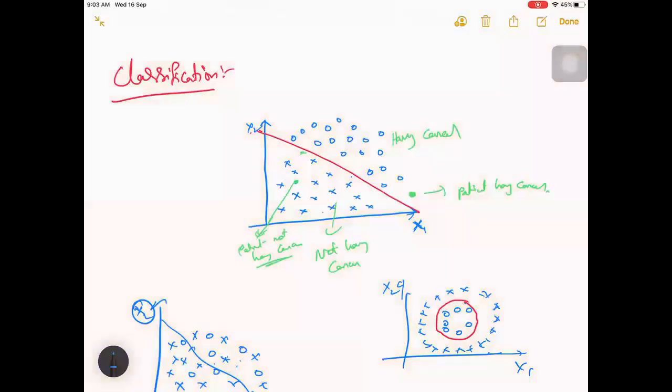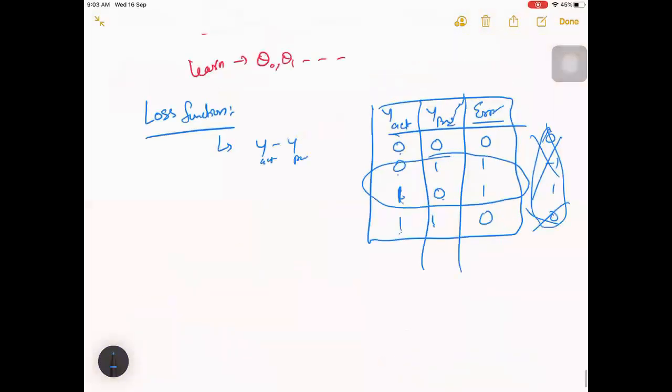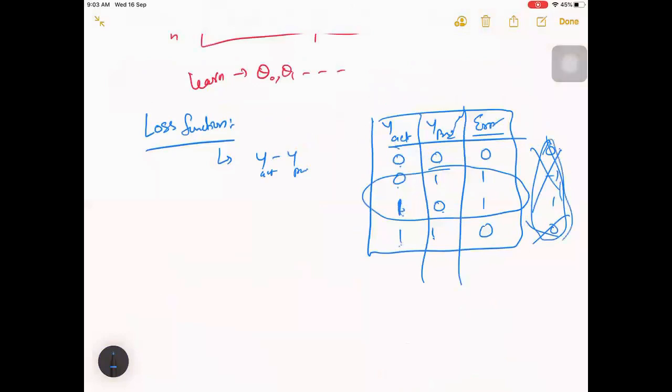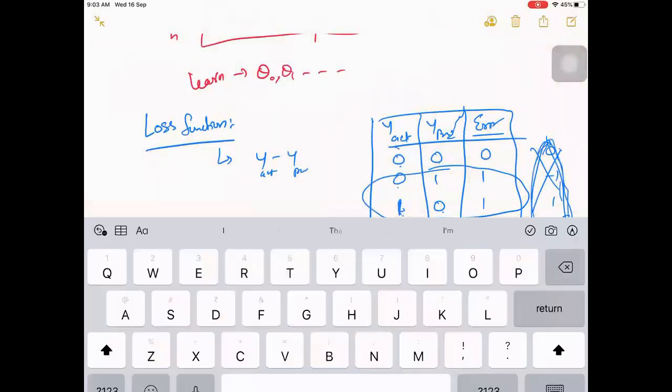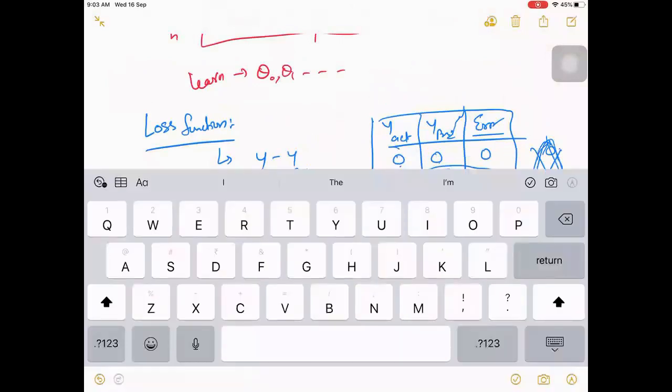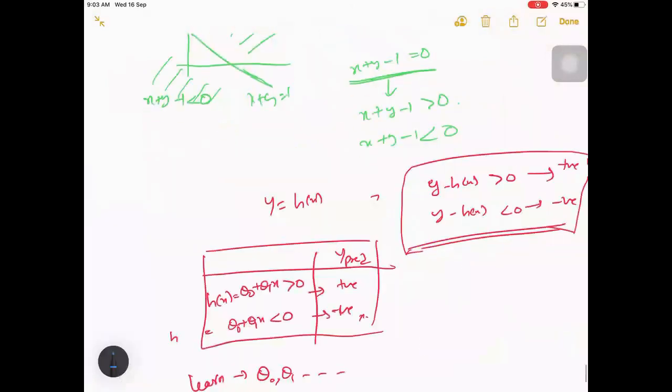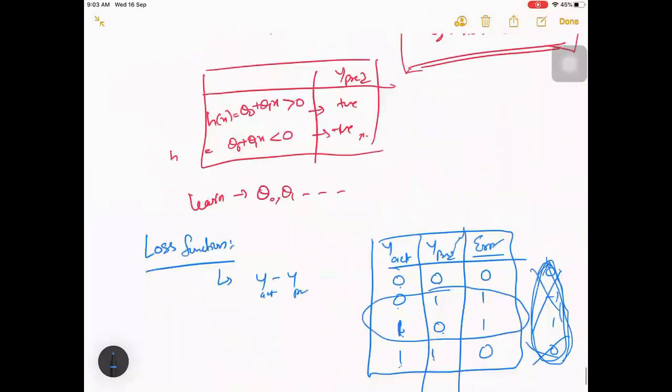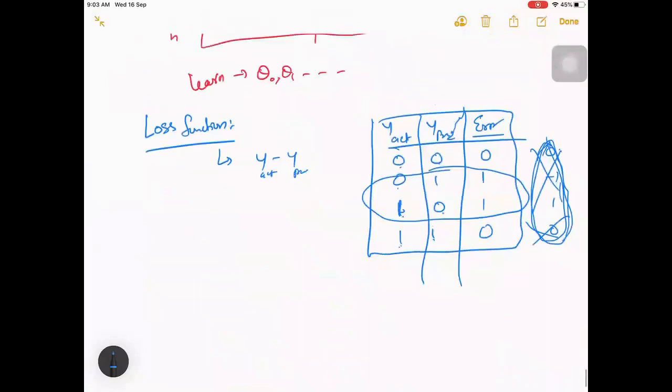That should also be taken into consideration. For that kind of scenario, this error won't be sufficient. And even in reality, what you'll be getting is not a direct hard 0 or 1 value. You'll be getting some value here. The value you will be predicting is a kind of probability.